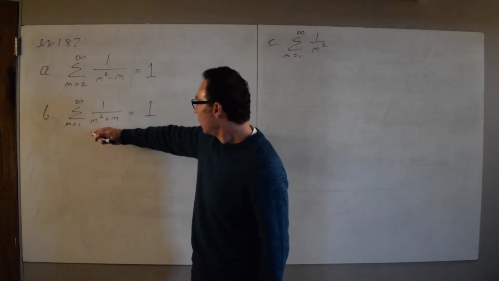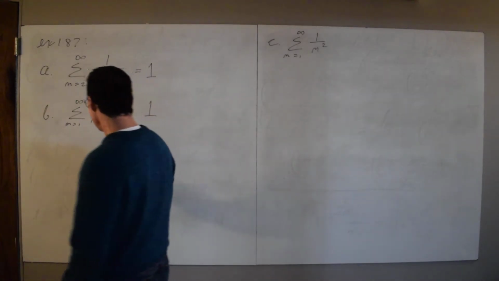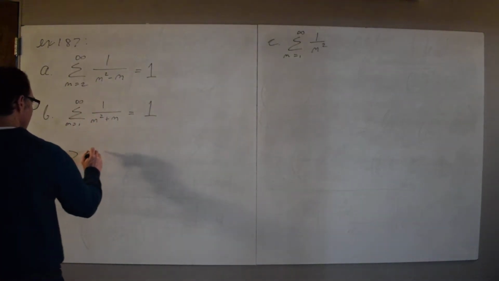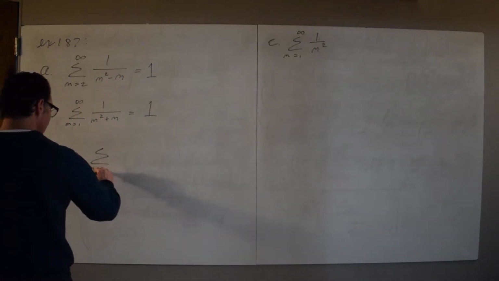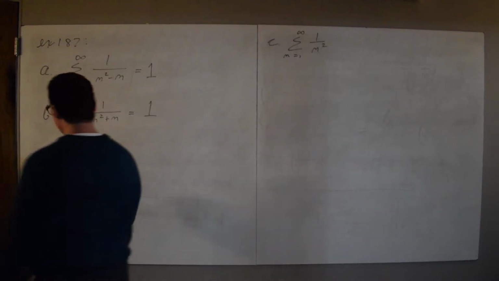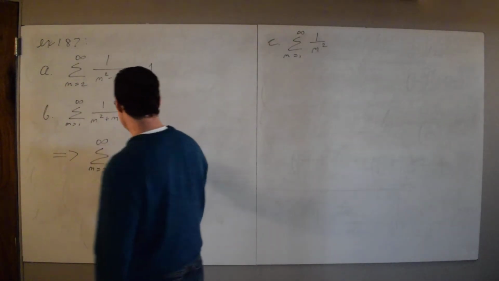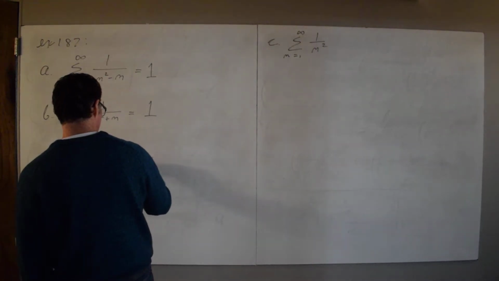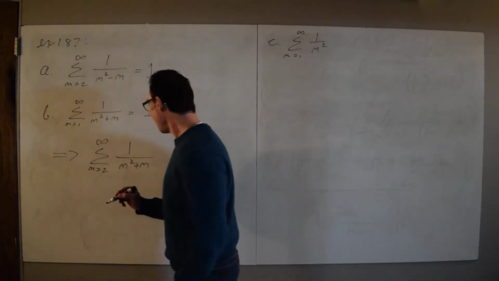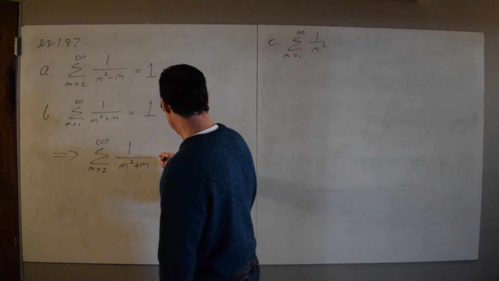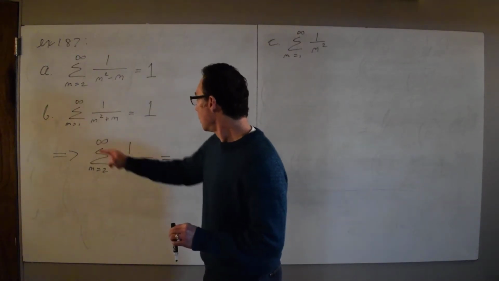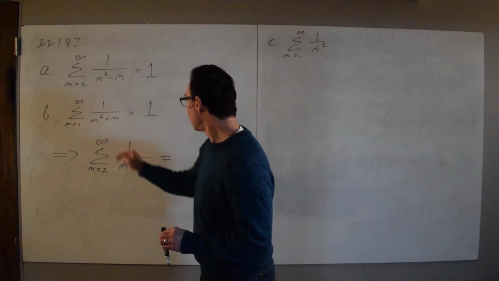Now what I want you to notice about this part is this implies that if we take the sum starting at n equal 2 to infinity of 1 divided by n squared plus 1, that this equals, well, when n is 1, we have 1 over 2.